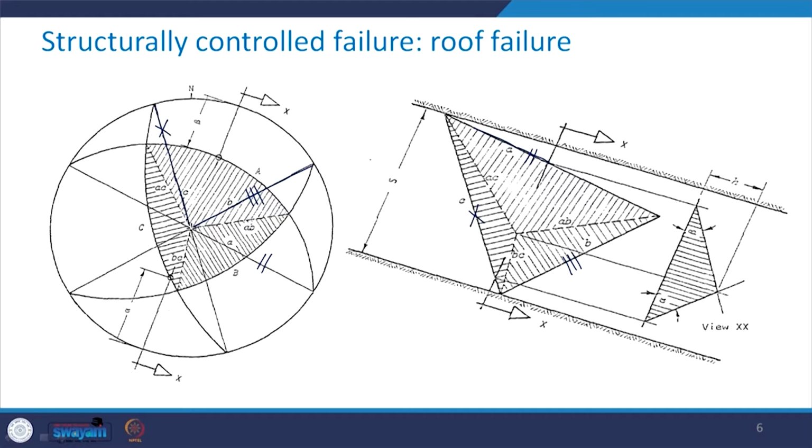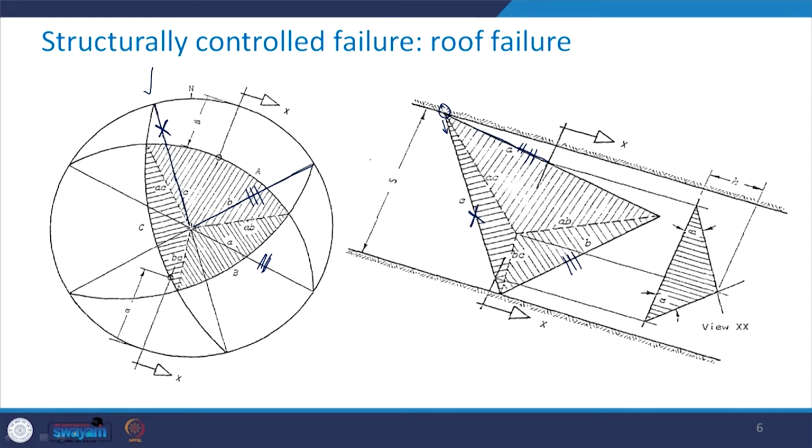So, we take a point here, any point you can take, then from here draw a line which is parallel to this line, because the length of the line is not known. So, just keep it like that. From this point again draw a line which is parallel to this line C, which we know already.